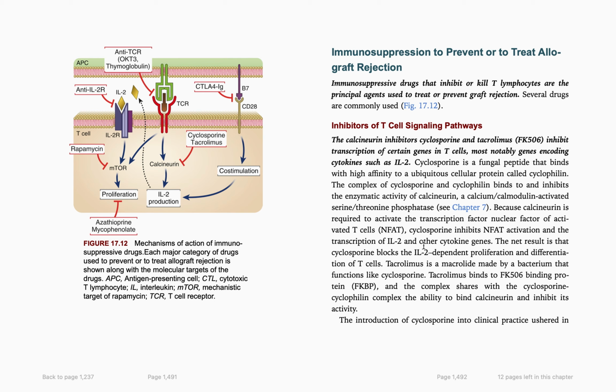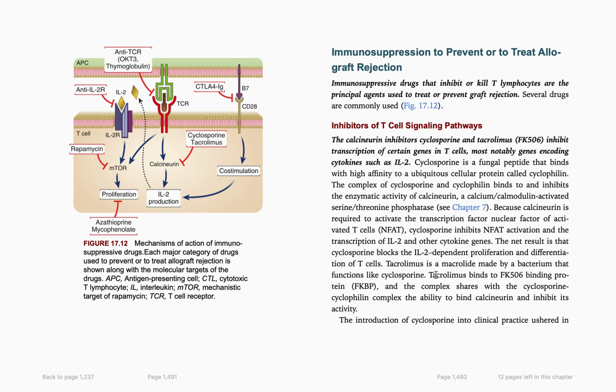Because calcineurin is required to activate the transcription factor nuclear factor of activated T cells, cyclosporin inhibits NFAT activation and the transcription of interleukin-2 and other cytokine genes. The net result is that cyclosporin blocks the interleukin-2 dependent proliferation and differentiation of T cells.